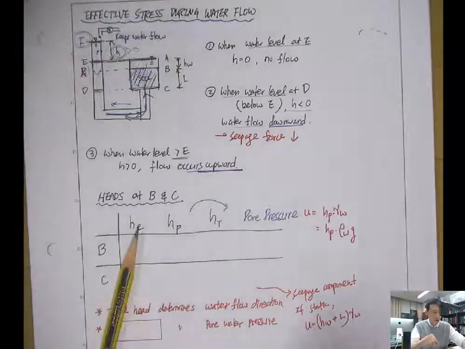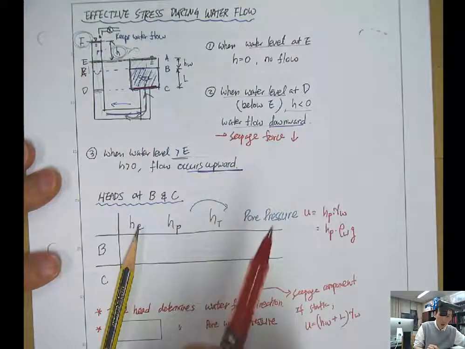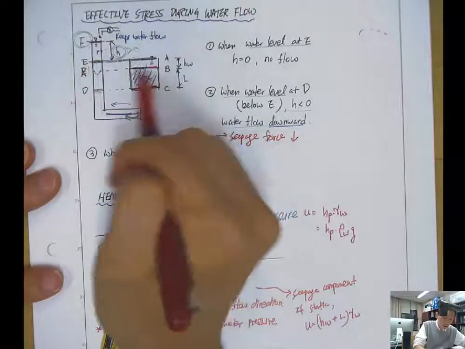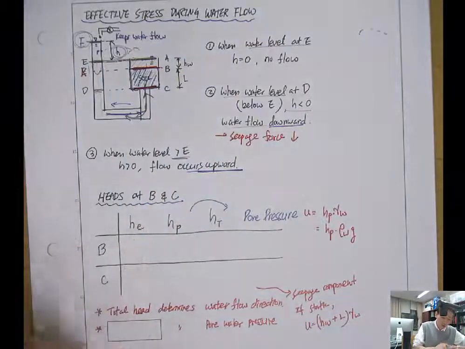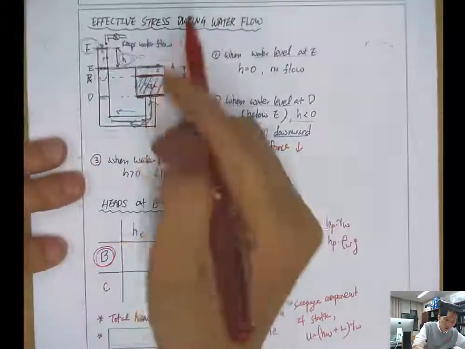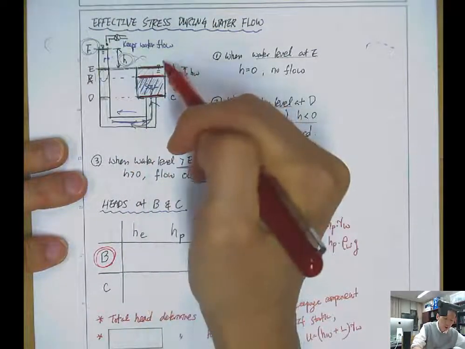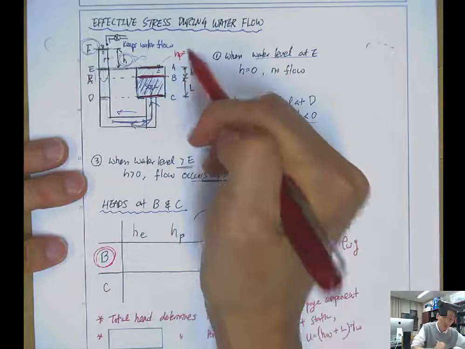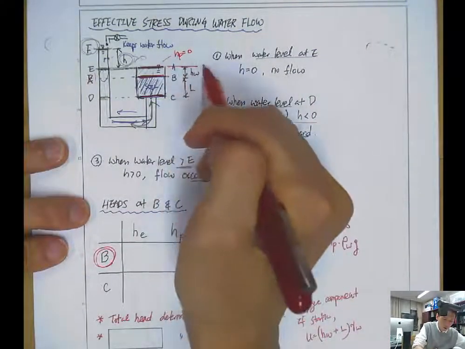At the bottom of the soil and the top of the soil, at B and C. First, at B, the rule is that when you have an exposed water surface, the pressure head is 0, right? And you can set the datum at the lower water surface here.